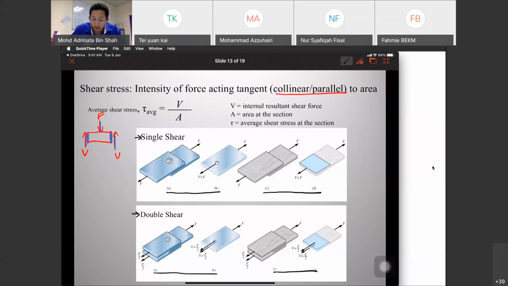So we look at the single shear. So when we remove the upper side, okay, so when we have a bolt and nut, the shear stress is happening on bolt and nut. Okay, so that is the force.